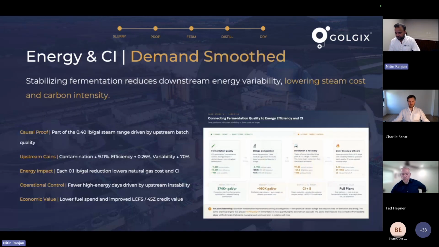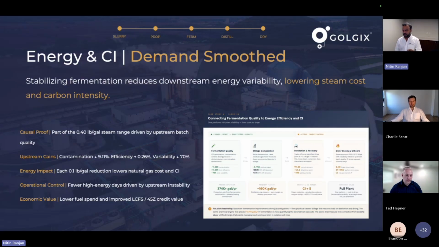And that's what we wanted to present to the audience today: to understand through these case studies, going all the way from cook to dryer, how it manifests on the dryer side, on the energy intensity or energy efficiency side.